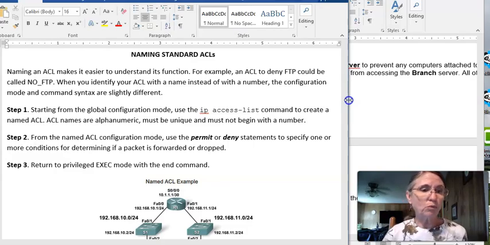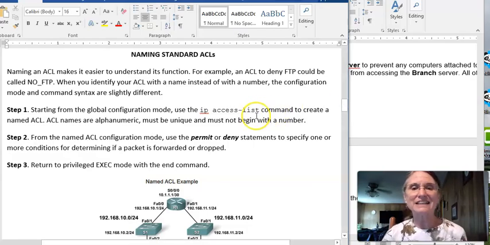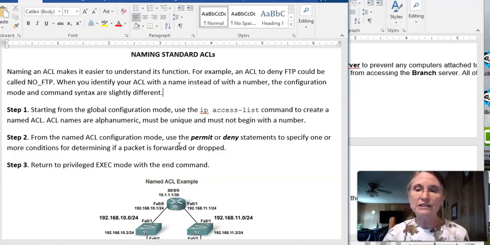So, step 1 is to start from global configuration mode and use the IP access list command to create the named ACL. And we have already been given an alphanumeric name to use. We will use that name, branch server. Then we will use some permit or deny statements to specify what it is we want to achieve.